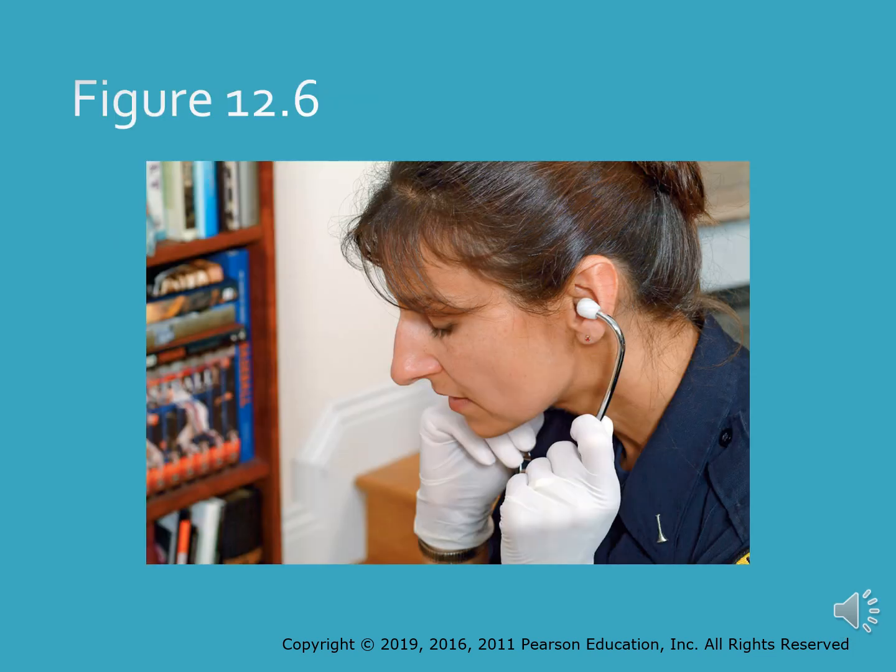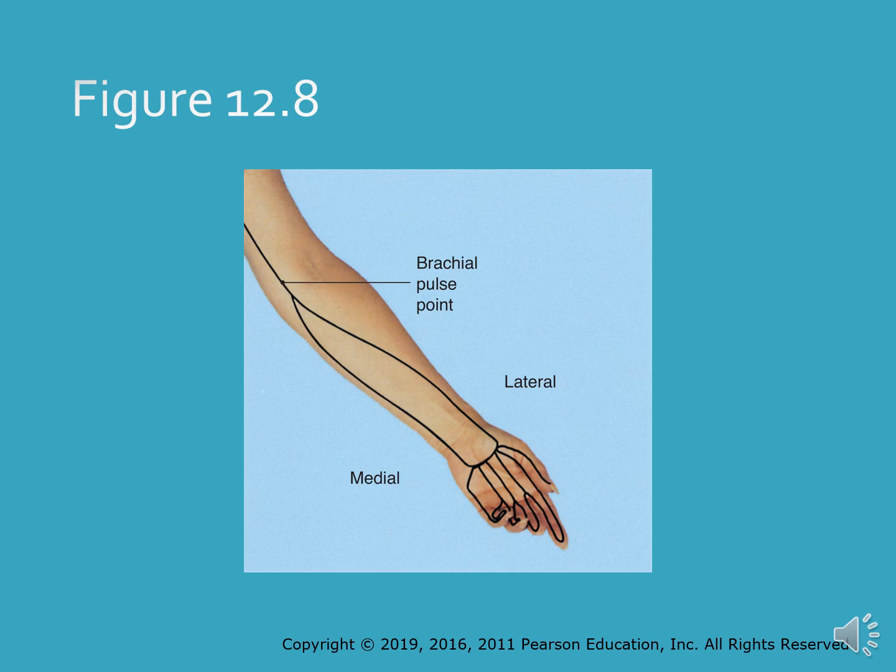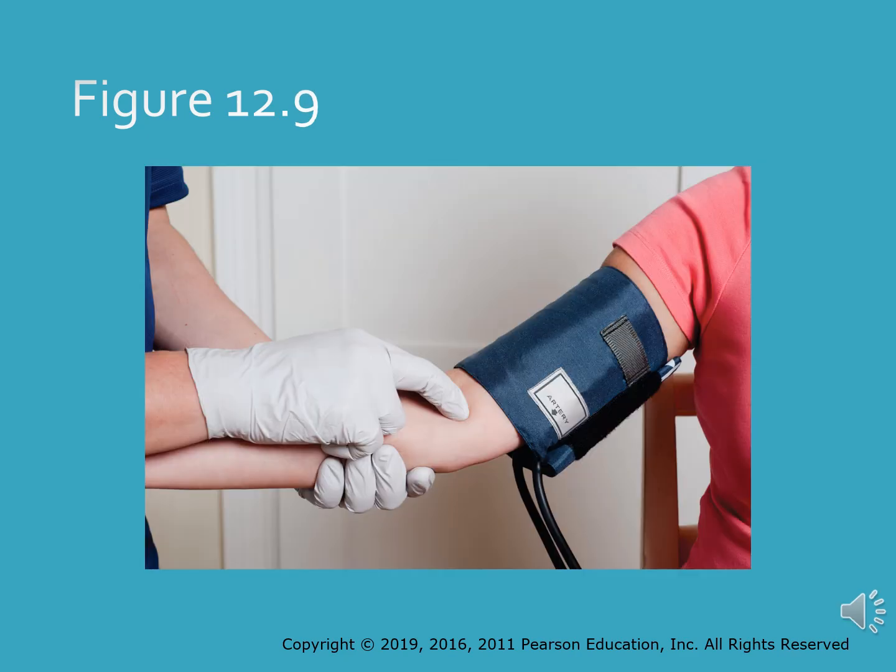So here you're adjusting the earpieces of the stethoscope so they point slightly forward and into the ear canal. Here you're checking for the proper position for taking a blood pressure while seated. And then in figure B, you're obtaining that blood pressure on a supine patient. You want to find the location of the brachial artery pulse point, and then get the proper placement of the blood pressure cuff.